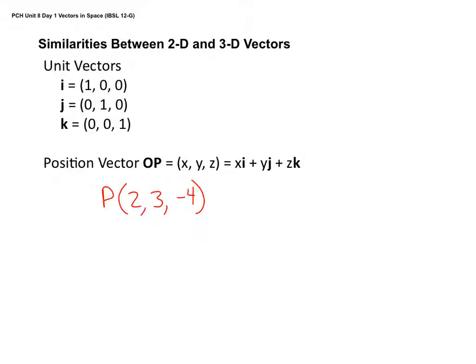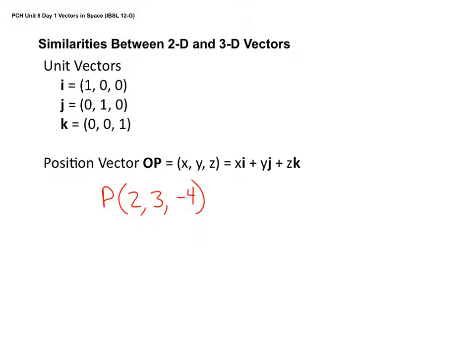And you'll notice now we have 3 components to each vector, not just 2. So you have your x, y, and z components that we're dealing with here. So i is no longer just 1, 0, it's 1, 0, 0. And j is 0, 1, 0, and k is 0, 0, 1. Alright, so that's one thing that you can do here.